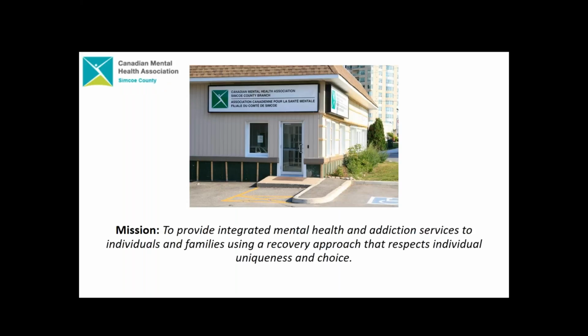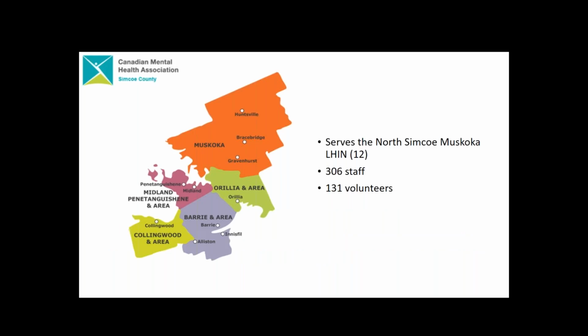So CMHA Simcoe County is primarily located up in Barrie, Orillia, Midland, in that region. And it's worth noting that Simcoe County branch is an integrated agency, both mental health and addiction services, and really across the age spectrum from young folks all the way up to older seniors.